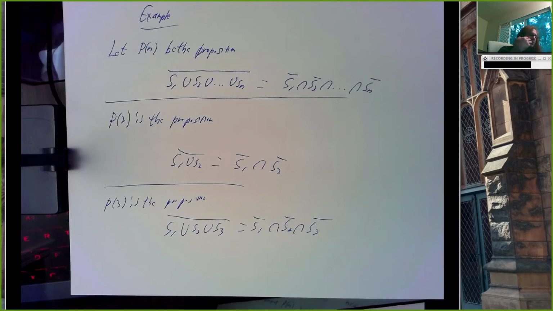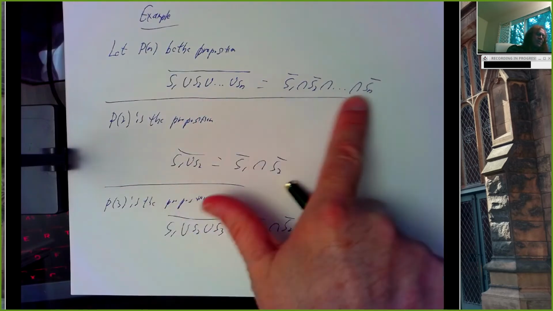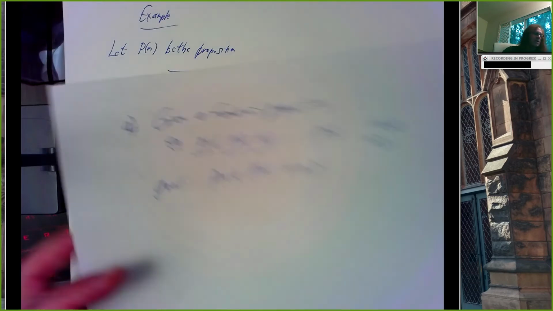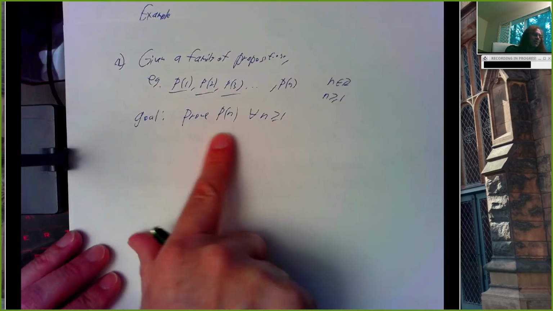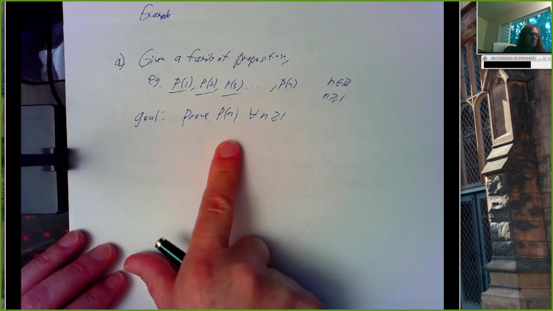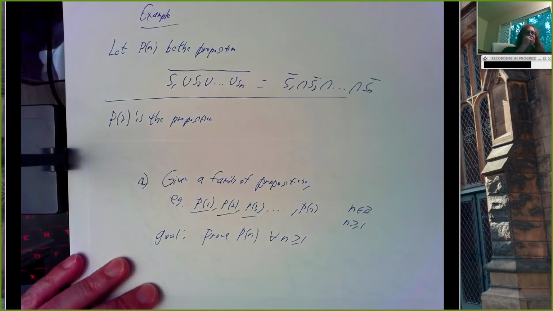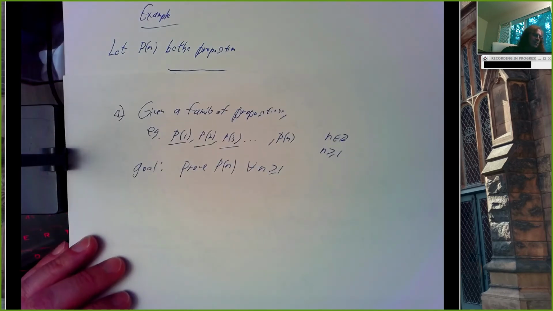All right. Well, we have a whole family of propositions: P1, P2, P3, P4, P50, P605, right? And each of those is a proposition that by itself could be true or false. Okay? So suppose we want to prove that all of these propositions are true. And P1's a little weird because it says, you know, the complement of S1 is the complement of S1, but don't worry about that.